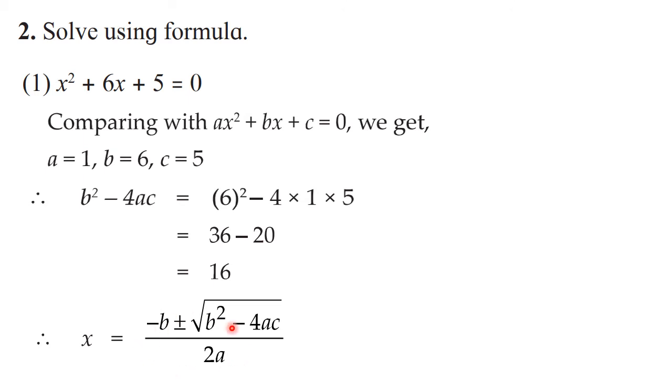Afterwards, substitute the values of a, b and c respectively. And this value we have already found out, so directly we can write 16 here. Again, you need not put the values of b square and 4ac here. So we can put the values like this: this minus sign as it is, b is 6, plus or minus.